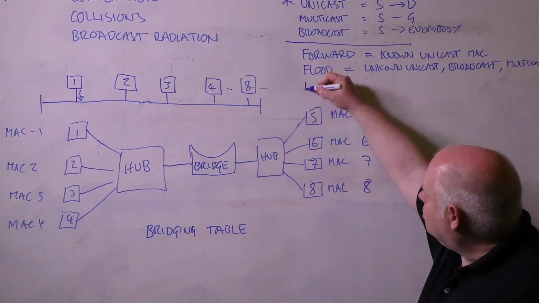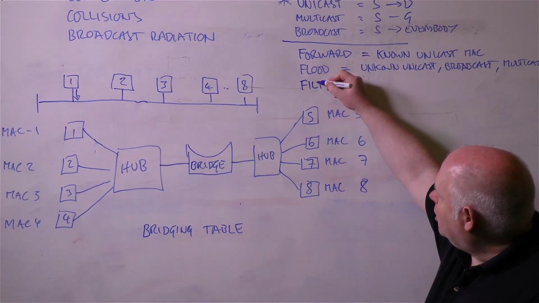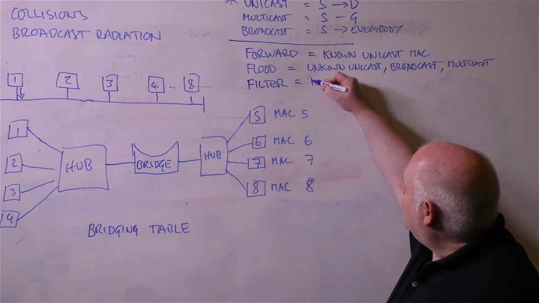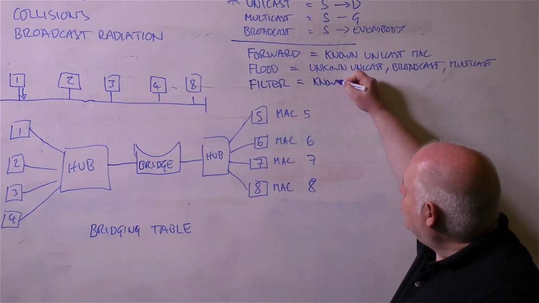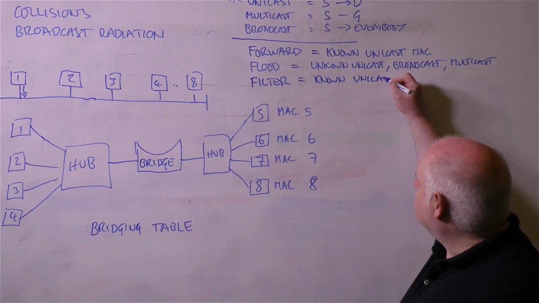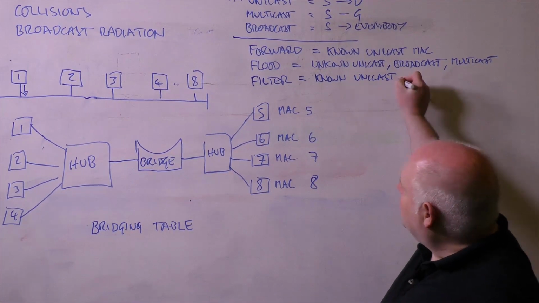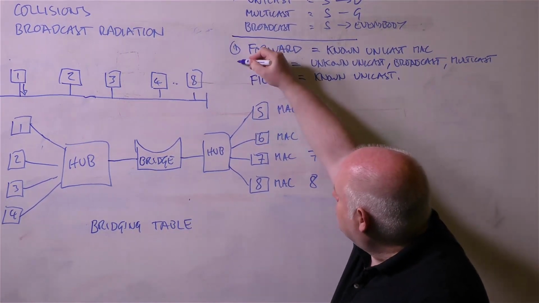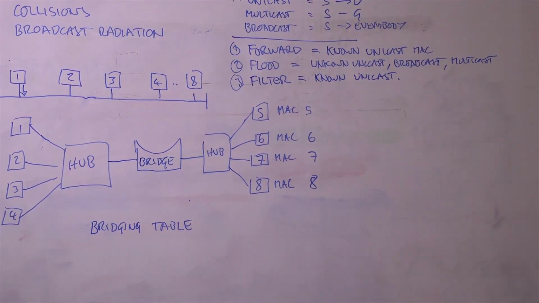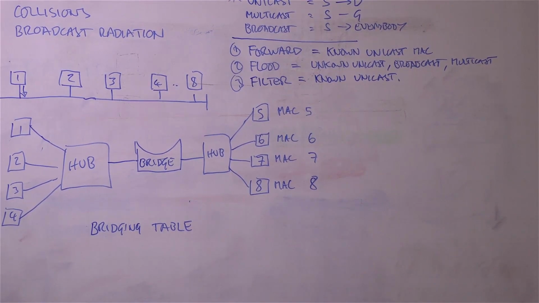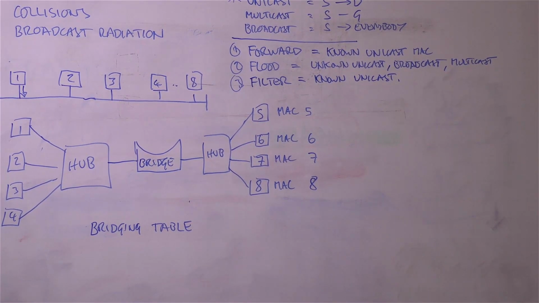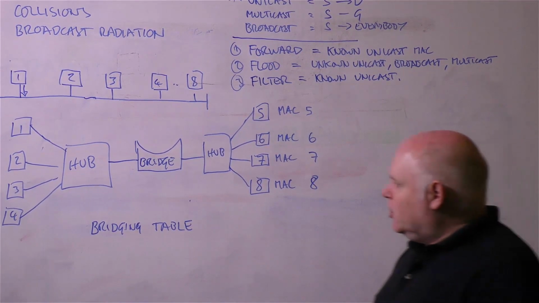I can also filter frames if I know I don't need to send them out of a particular port. Okay? So these 3 rules, forward, flood, filter, are the rules that the bridge follows, and they're also the rules that switches follow when we get into that.